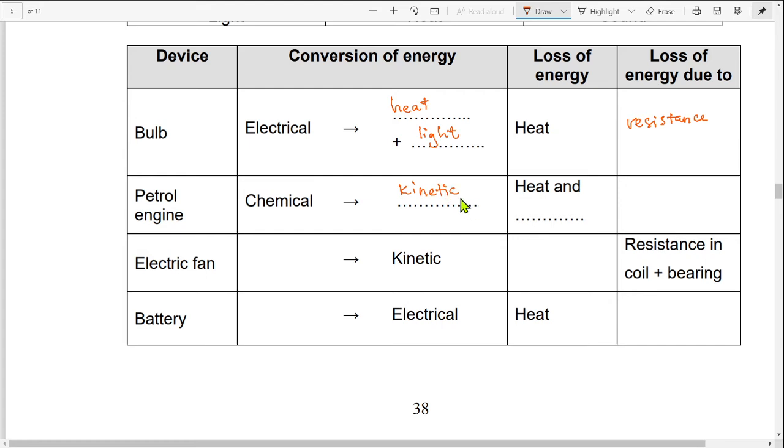So that will give us the kinetic energy. So in what ways is energy lost? Energy is lost as heat and also sound. So this loss of energy is due to the friction, especially in the engine.